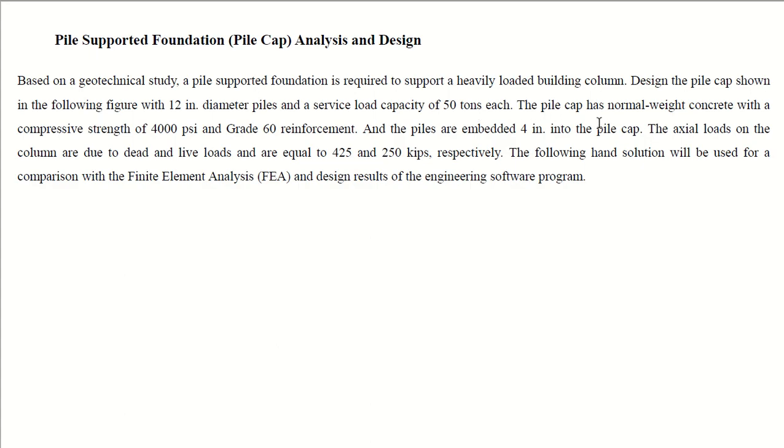The pile cap has normal weight concrete, number one, with a compressive strength of 4000 psi, number two, and steel will be grade 60, number three. The piles are embedded 4-inch into the pile cap. Okay, so the piles will be embedded 4-inch into the pile cap. The axial loads on the column are due to dead and live loads and are equal to 425 kips dead load and 250 kips live load.